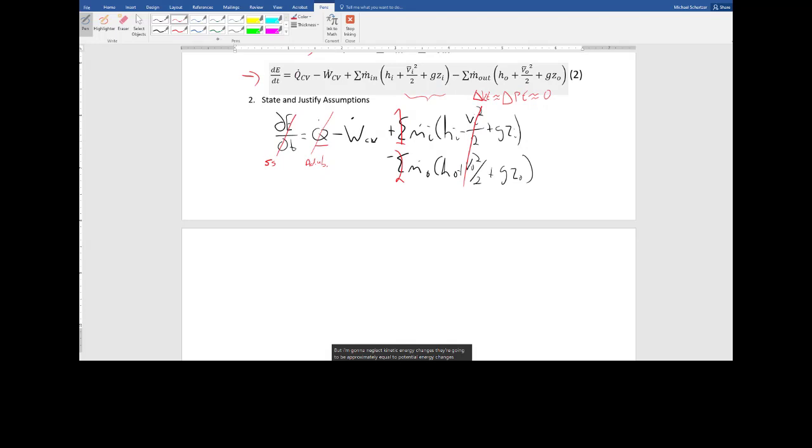So what's going to happen is this equation is going to become 0 is equal to negative W dot of the turbine plus m dot 1 times h1 minus m dot 2 h2 minus m dot 3 h3.